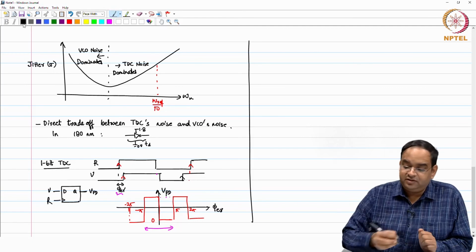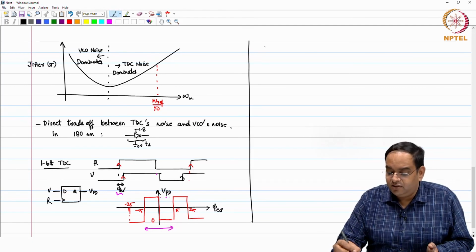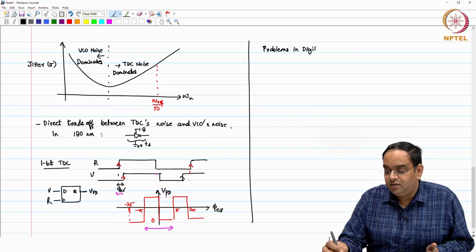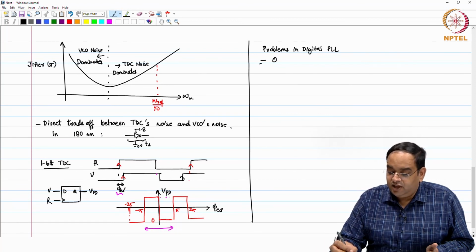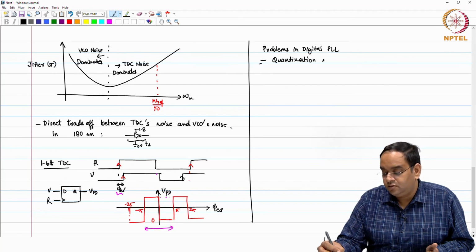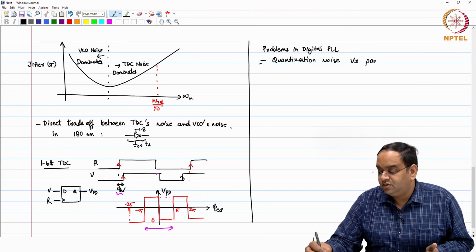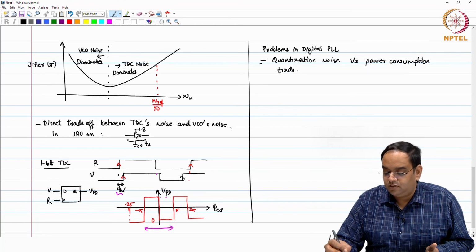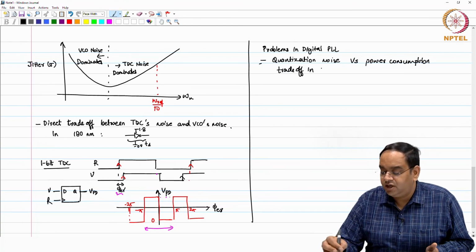If we summarize the problems in digital PLL: quantization noise versus power consumption trade-off in TDCs.